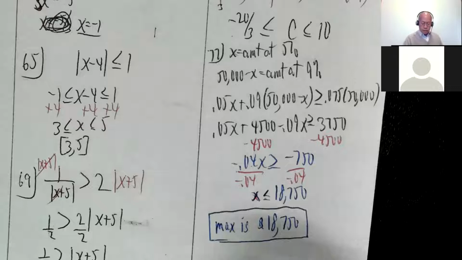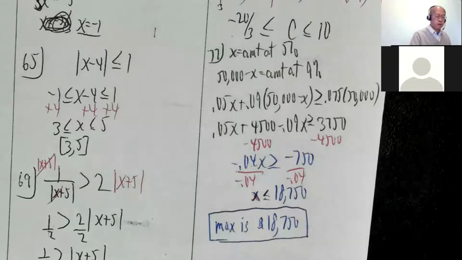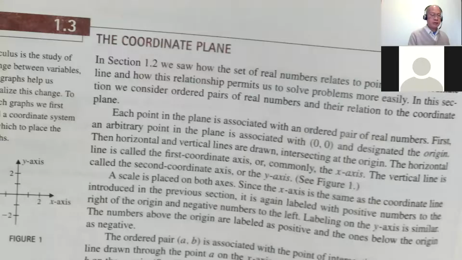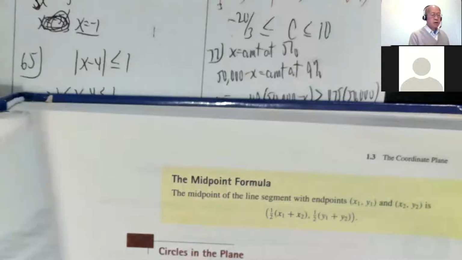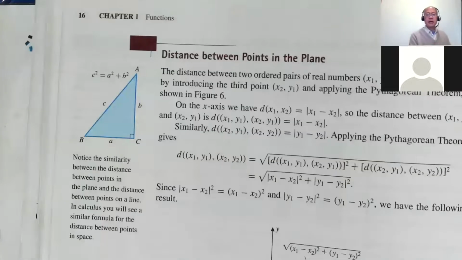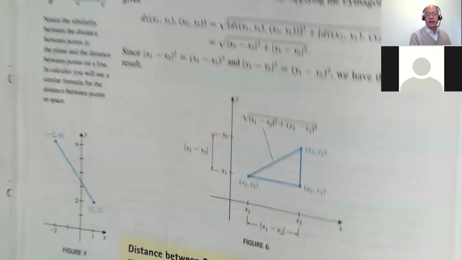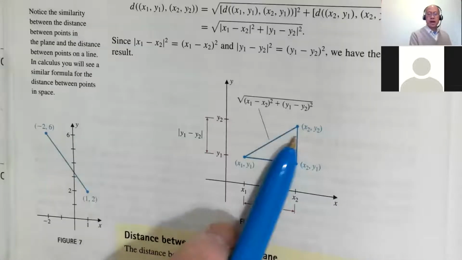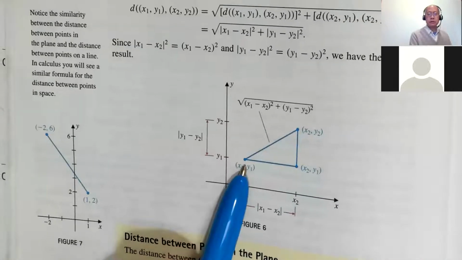For 1.3, let me give you the things you might want to put on your formula sheet. It's on the coordinate plane topic. Okay, distance formula, page 16. If you're given two points in the plane, how do you find the distance between the two?